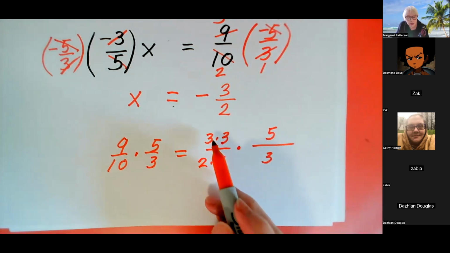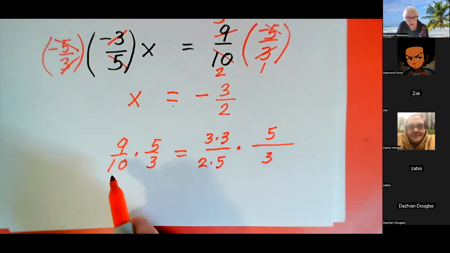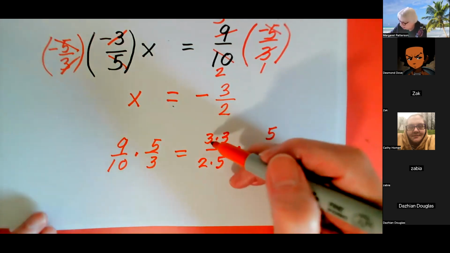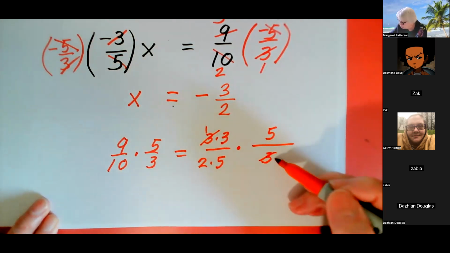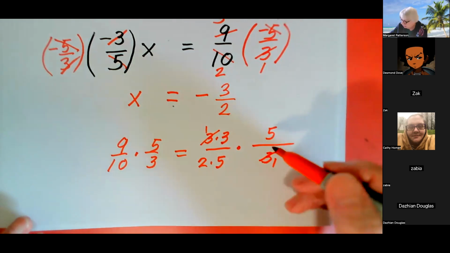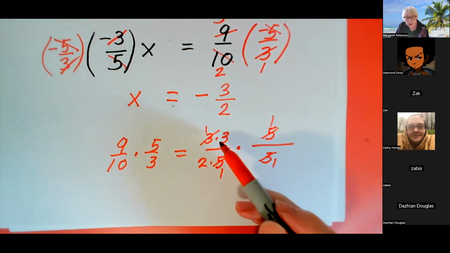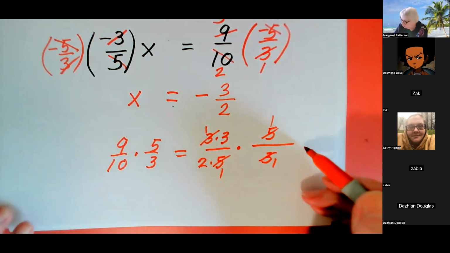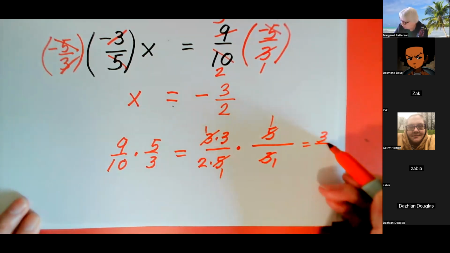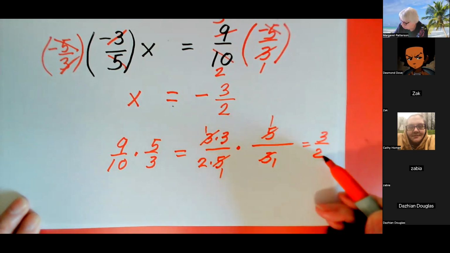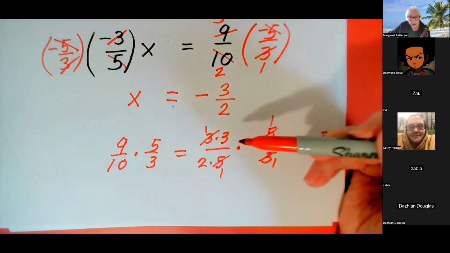So if you broke this down, the 9 into 3 times 3 and the 10 into 2 times 5, then your canceling is just 1 for 1. And this 5 and this 5 hit the dust. And all that I have left is 3 times 1, which is 3, and 2 times 1, which is 2. So there's my answer, 3/2.